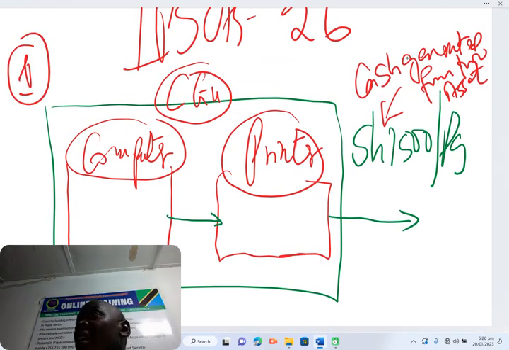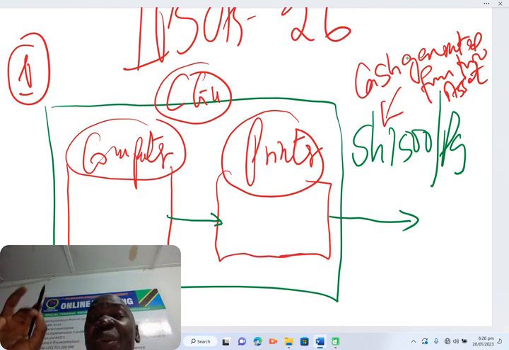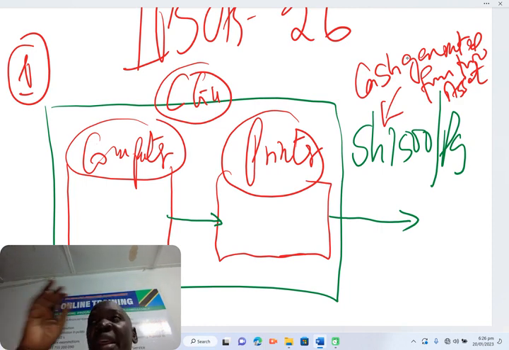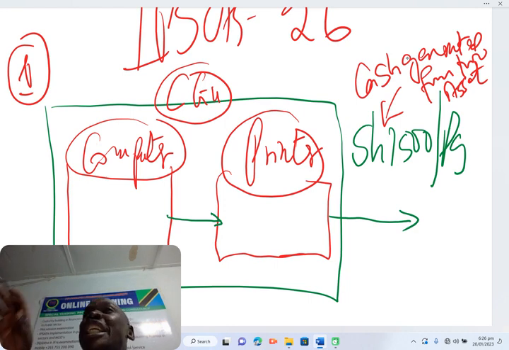I want to make it clear. If you say a CGU, number 1, there must be 2 assets. Number 2, those 2 assets must be generating a commercial return. From there, whenever there are 2 assets, there must be added another asset which is not seen, an intangible asset.